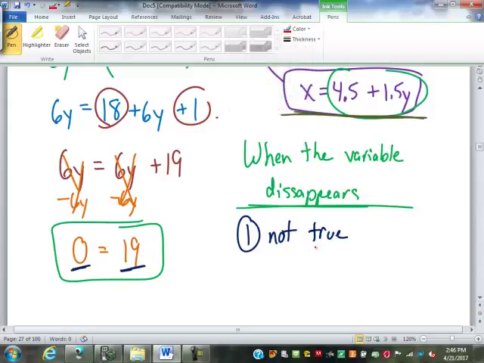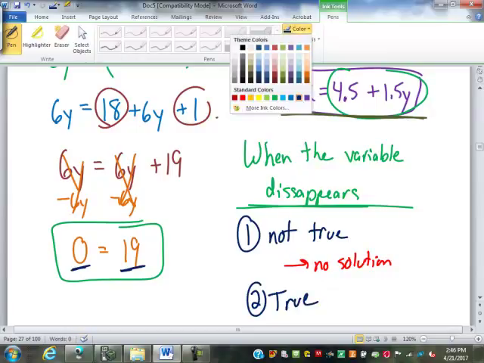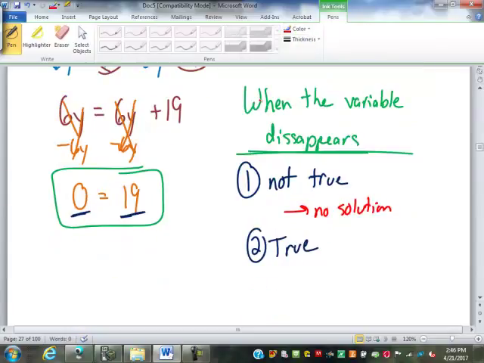And if that is the case, there's no solution. There are no numbers for x and y that I can put into these equations that'll make both of them equal or true at the same time. The other possibility is if I get something that is true, then just like when we graphed them, they're the same line. So that's an infinite many solutions.